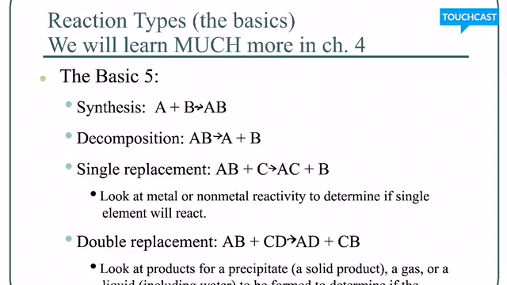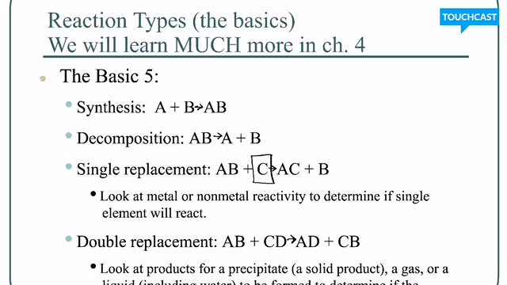The next type is decomposition, where we're going to be breaking a compound apart into 2 or more elements. The next one that we have here is a single replacement reaction. In a single replacement reaction, you'll typically find a lone element sitting by itself, like this guy.